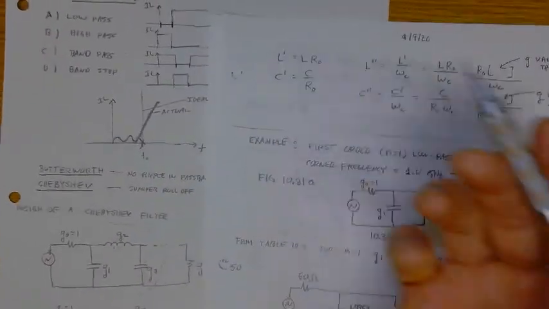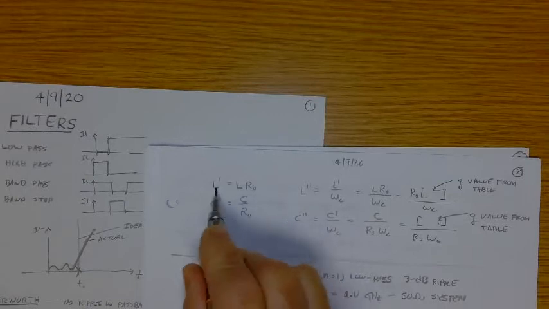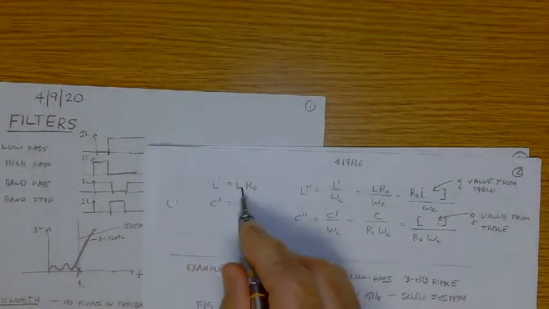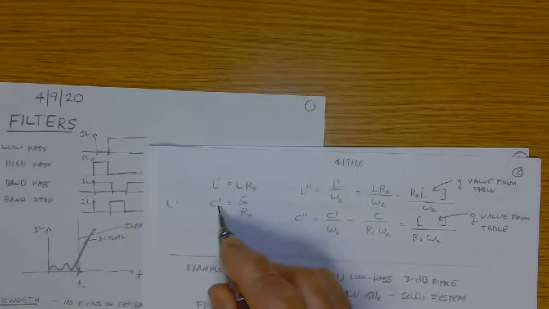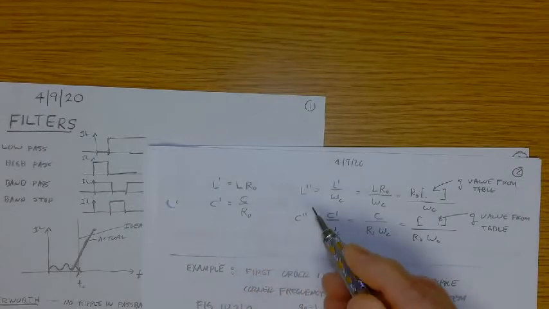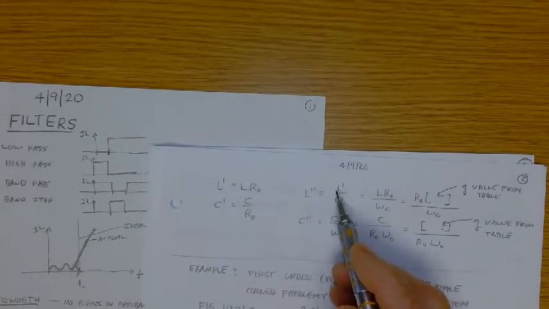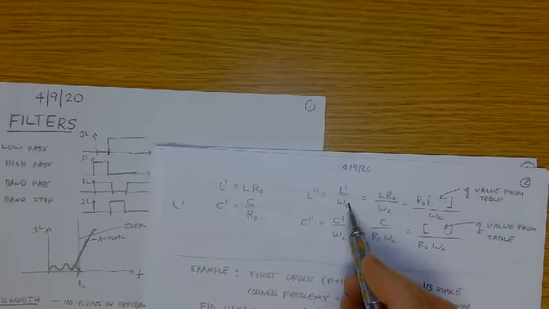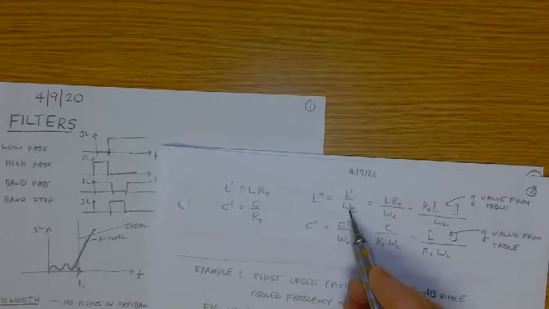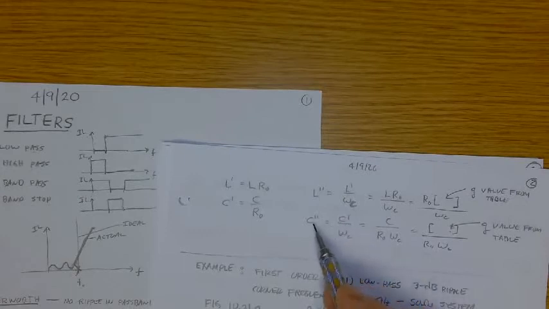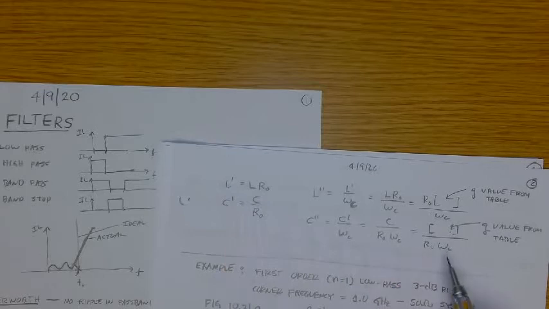Well, as you'll read, we define an L prime that's desired L times R naught, and the desired C prime, which is C over R naught. And so then L double prime is L prime over the radian corner frequency. Be careful, that's 2 pi times F corner. And then C double prime is C prime over omega sub C.